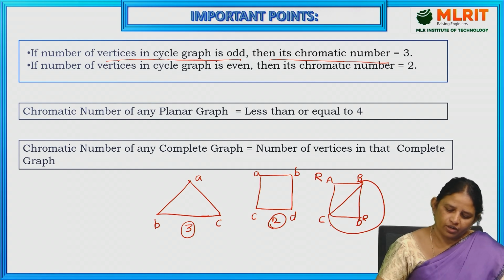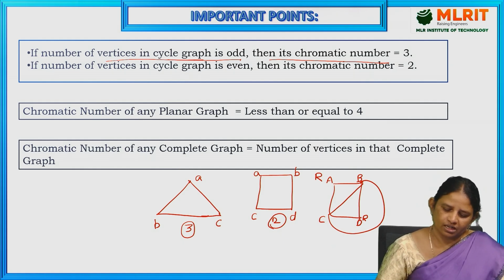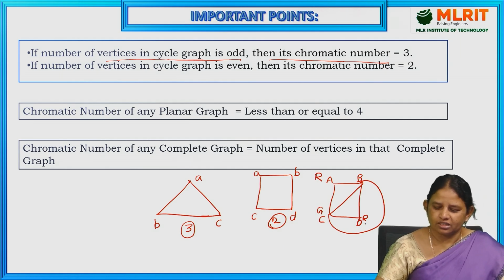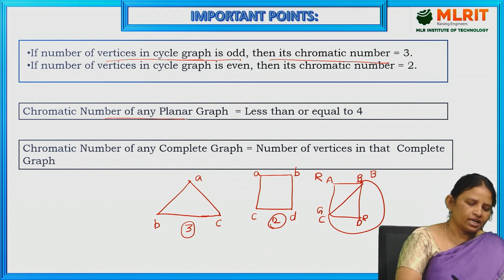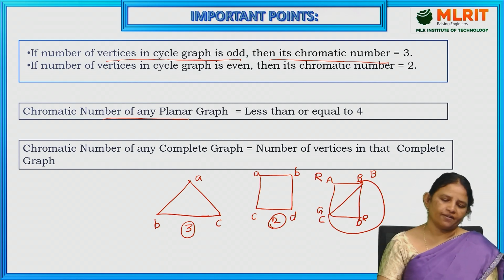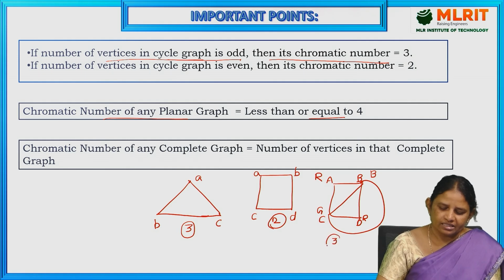We can use another color. B. B is adjacent to D and also to C, so we can't use the same color. We can use another color called green. Don't use the green color because C and B are adjacent. D is also adjacent. We can use another color. So the chromatic number for this planar graph is less than or equal to 4. How many colors are required to color this graph? 3 colors. That is less than 4.